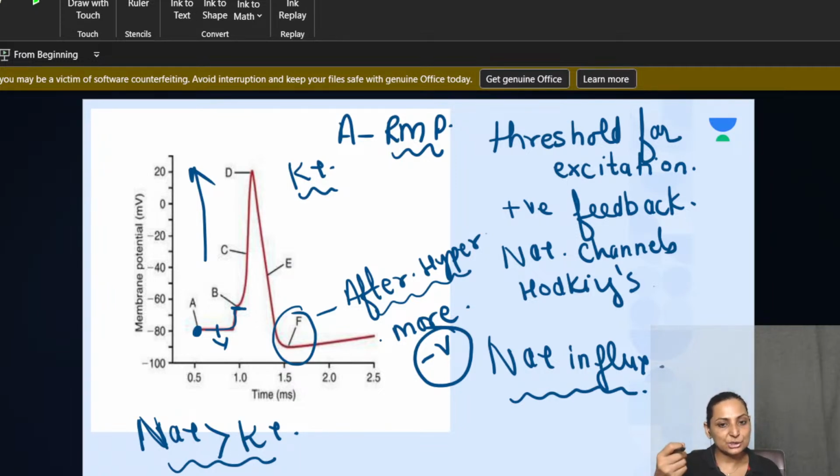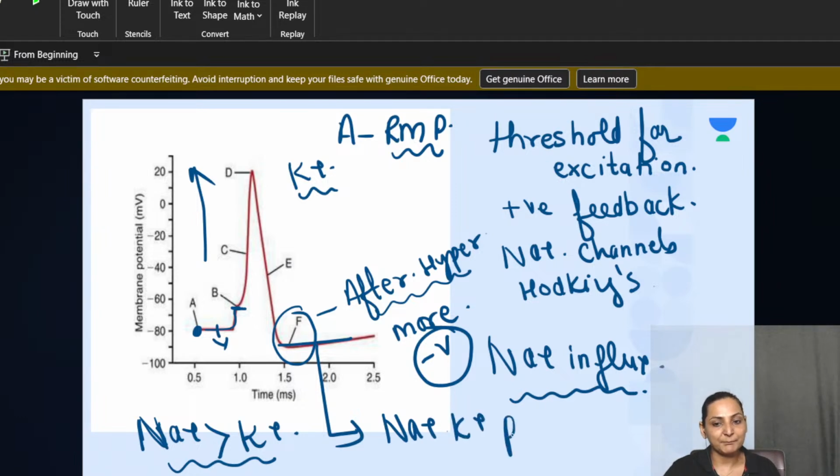The reason is the slowed and continued efflux of potassium ions, because the potassium channels are slow to open and slow to close, and they result in the continued efflux. Therefore this RMP will always be re-established by the sodium potassium pump. So the important function of the pump is the re-establishment of this RMP once the action potential has been done.